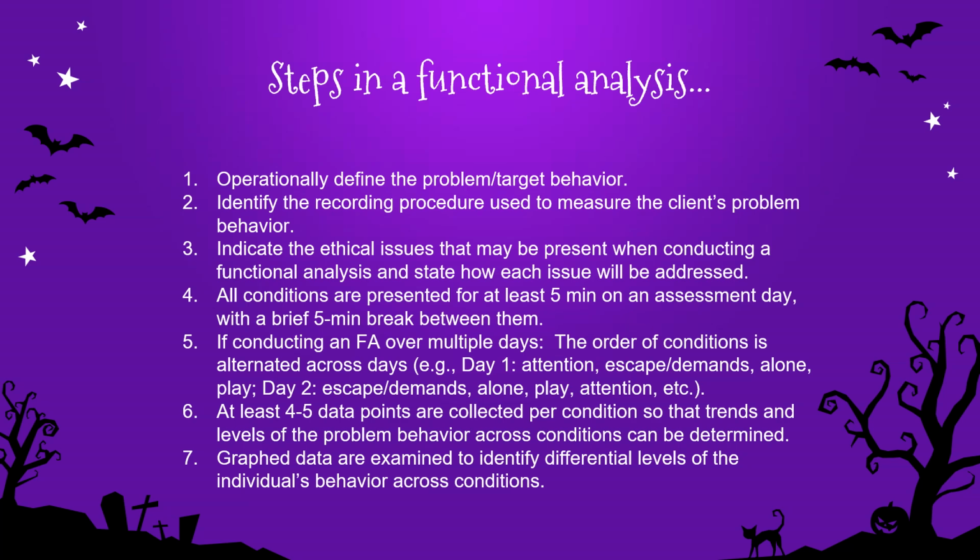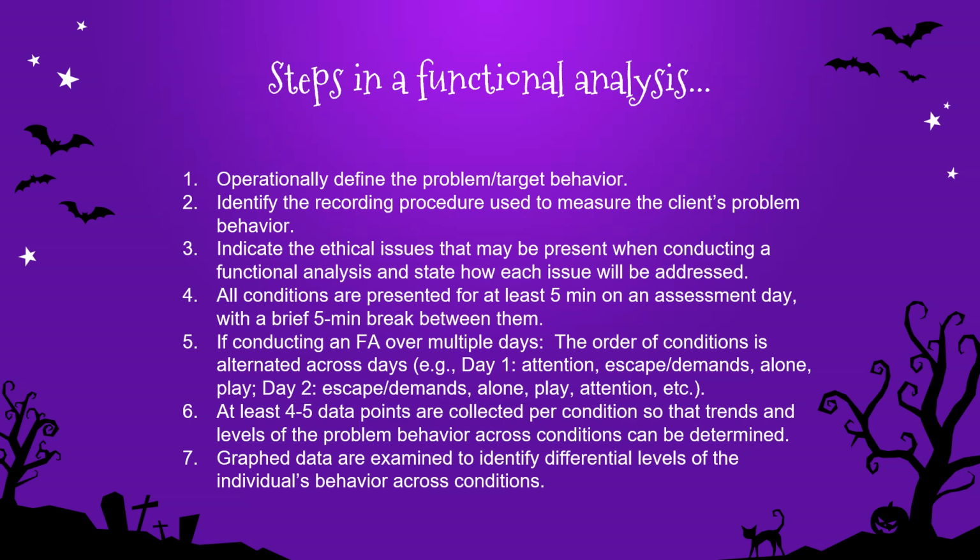Just making sure that we're looking at all of those issues, and safety is always a concern for me when it comes to SIB. I just have a lot of experience with it. And I want to make sure that everyone is staying safe and that there's no ethical issues revolving around whether we're triggering behavior and it's actually causing more harm than good to get this data to complete this FA.